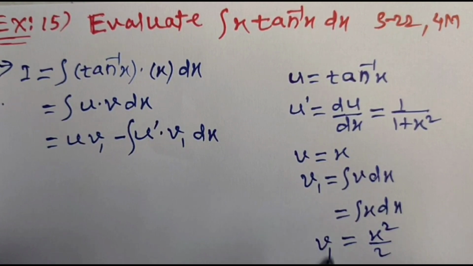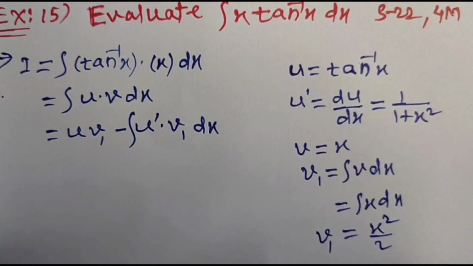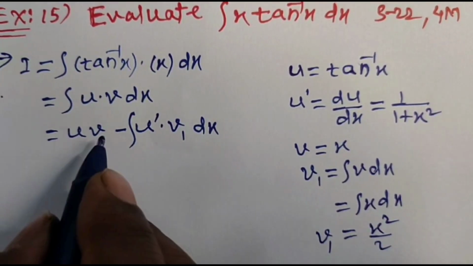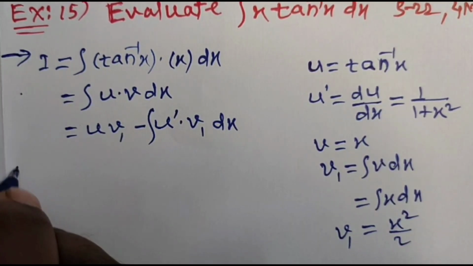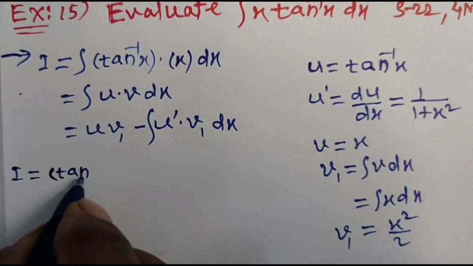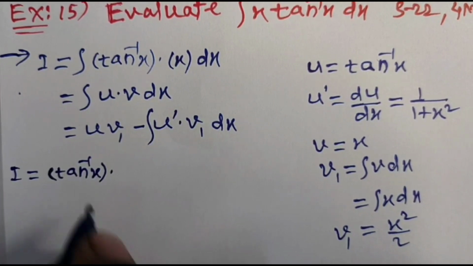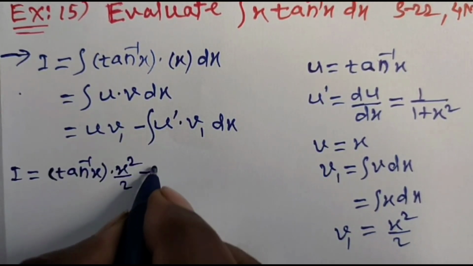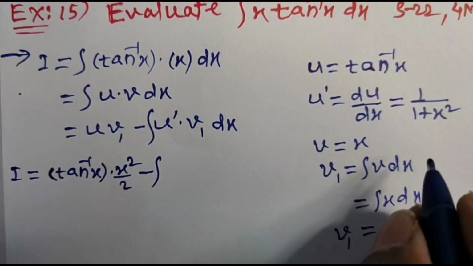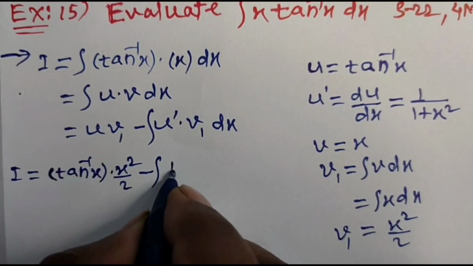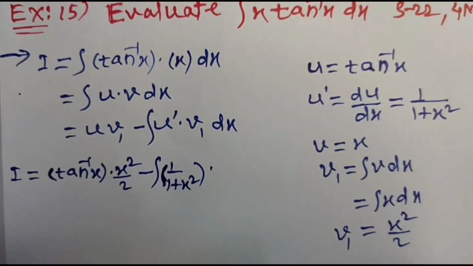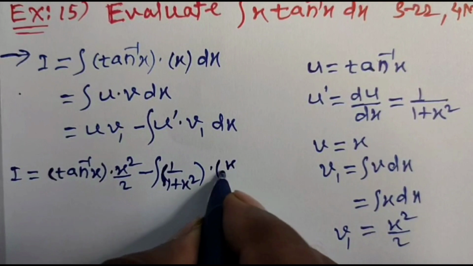This is v1. Okay, we have obtained u dash and v1. Put these values here. Hence I is equal to tan inverse x into v1 is x square upon 2 minus integral of u dash is 1 upon 1 plus x square into v1 is x square upon 2, its integral with respect to x.